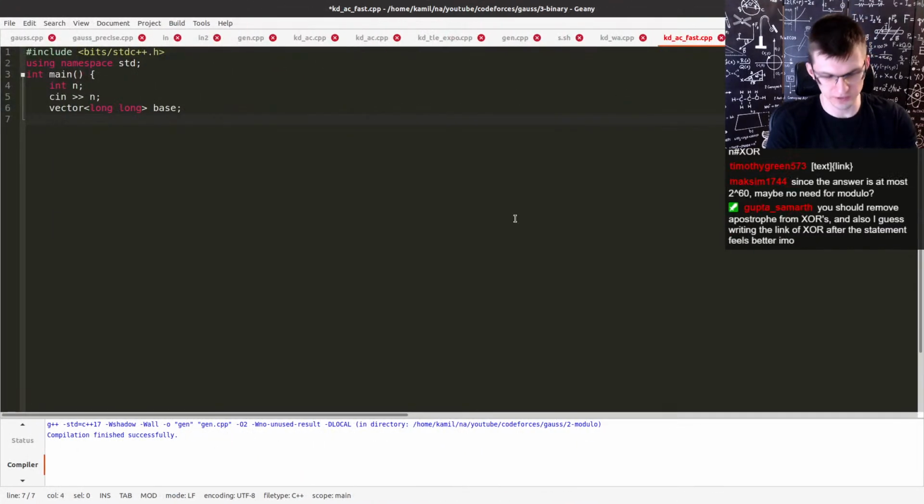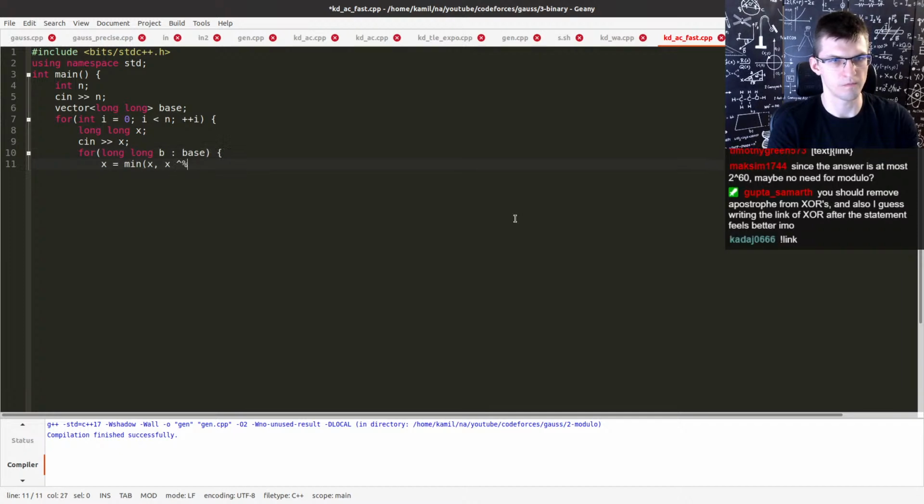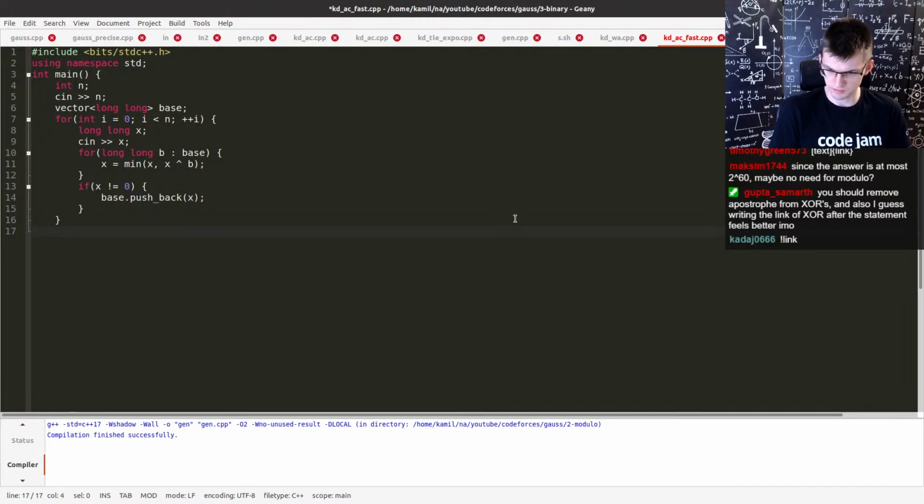So the fast version just minimizes with a bunch of numbers from base. For everything already in base, we do this. And how many distinct values?